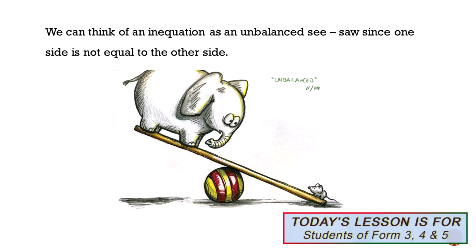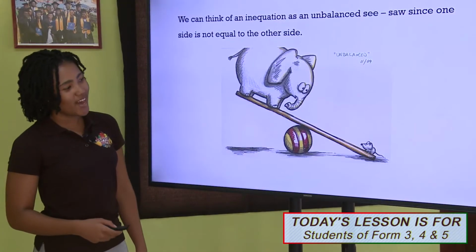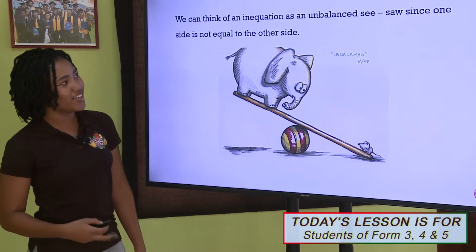We can think of an inequation as an unbalanced seesaw, since one side is not equal to the other side. And here we have a cute illustration of that.